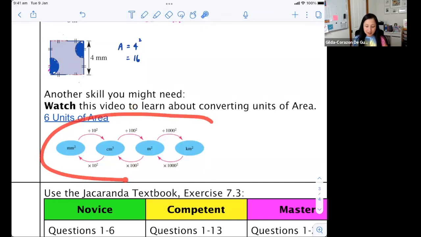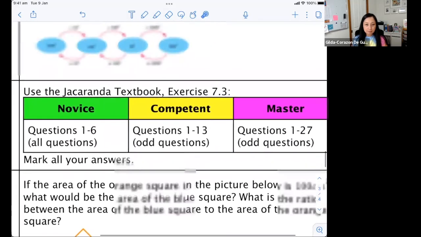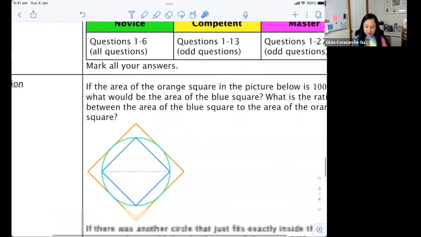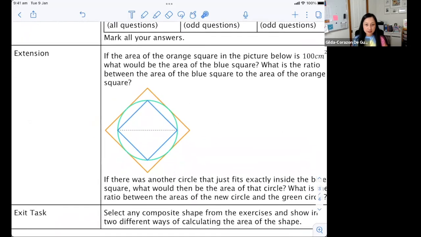This diagram here might remind you of how to do that. So maybe just have those ready, right? Just in case some of the questions you are to answer here would require you to convert between units. You've got there your extension question, right? Feel free to ask questions about the extension question.